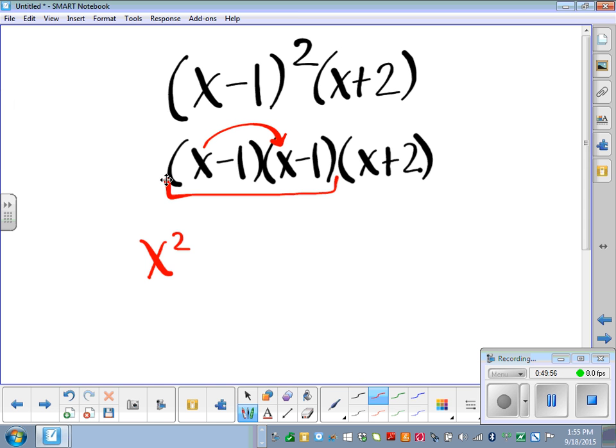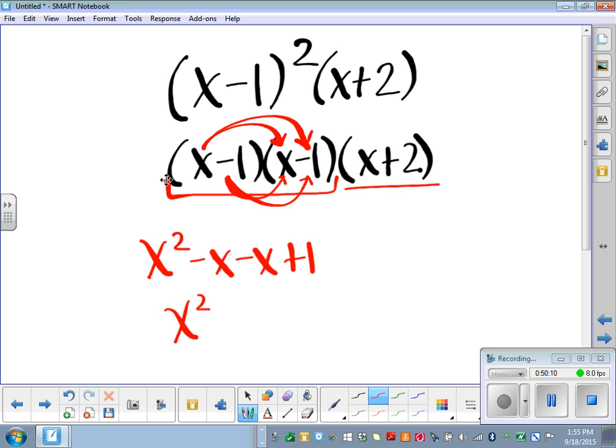So x times x is x squared. X times negative 1 is negative x. Negative 1 times x is negative x. And negative 1 times negative 1 is positive 1. Before you multiply this through, way before, you should combine like terms to prevent any errors. So we get x squared minus 2x's, those add up to be negative 2x's, and then plus 1.